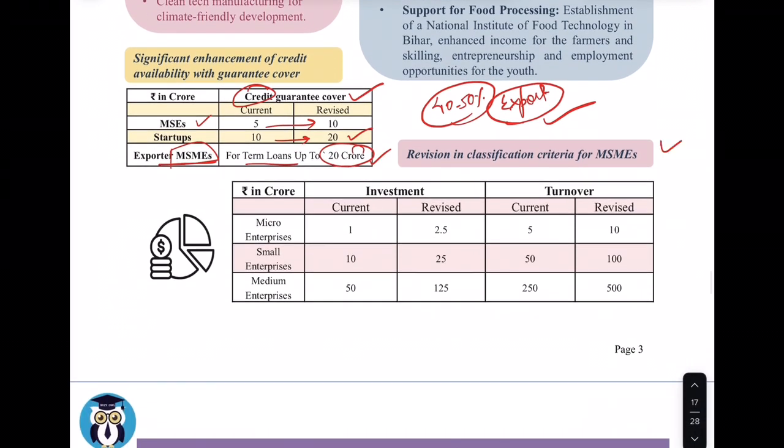Now the classification has been changed for MSME. What has been changed? Earlier micro enterprises were defined in terms of investment and turnover. What is investment and turnover? Turnover is just how much business they are doing overall, and investment is how much they have invested.